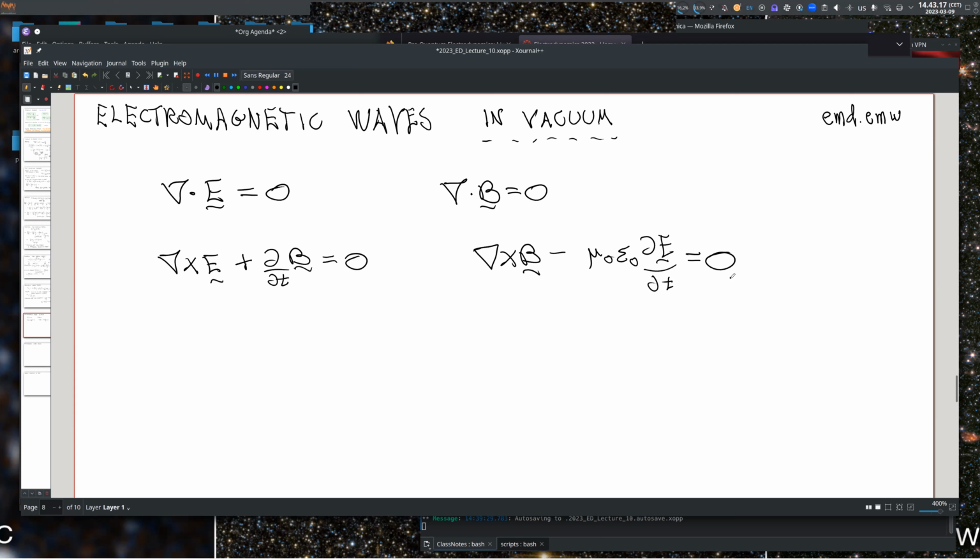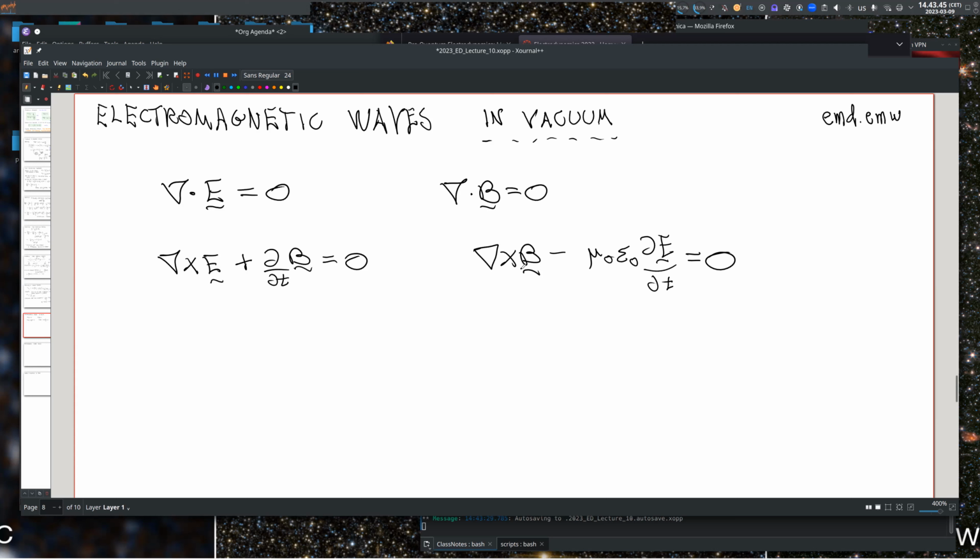What's the characteristic of these equations? Well, 2 of them are rather trivial, but the other 2 are coupling the electric field and the magnetic field. These are first order differential equations, but coupled. And we should be able to rewrite these as uncoupled second order differential equations. Okay, essentially substituting one into the other.